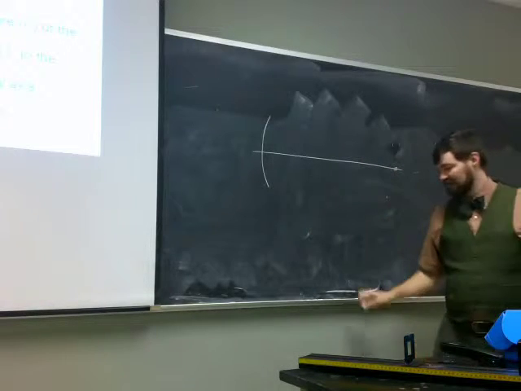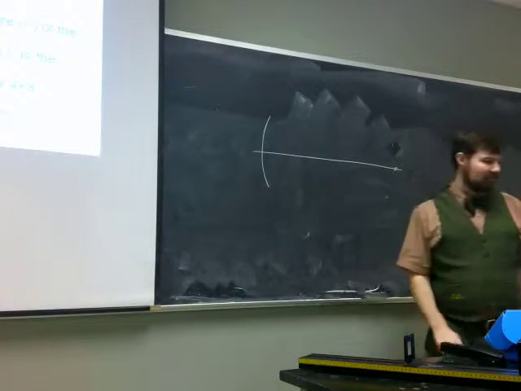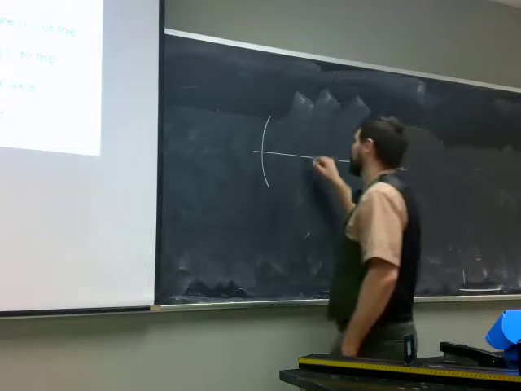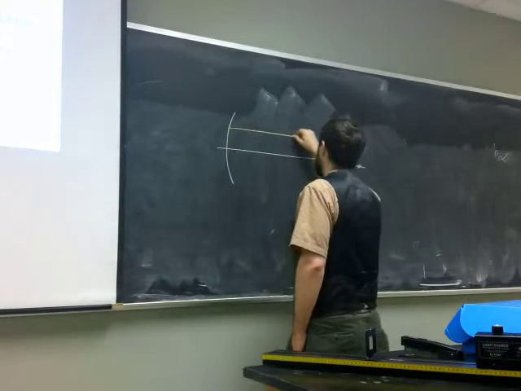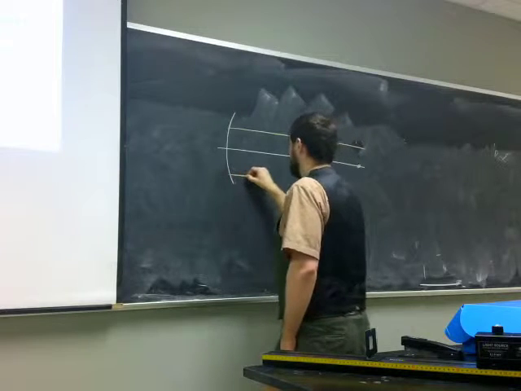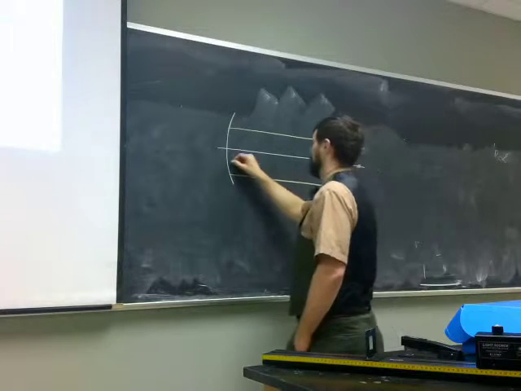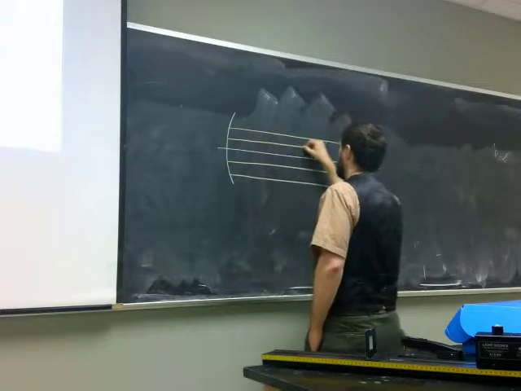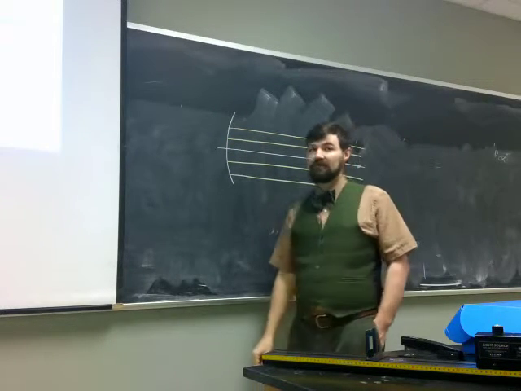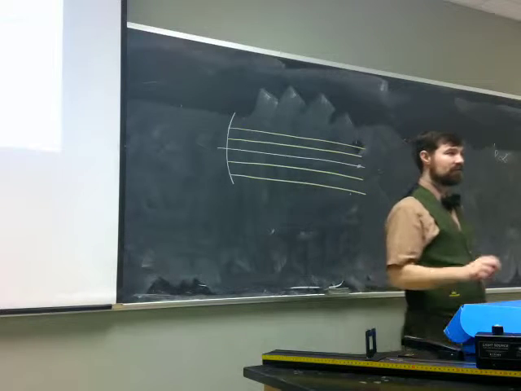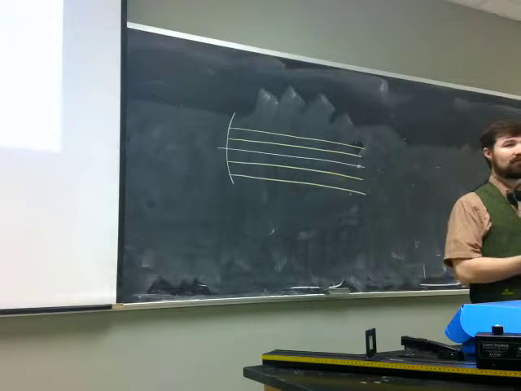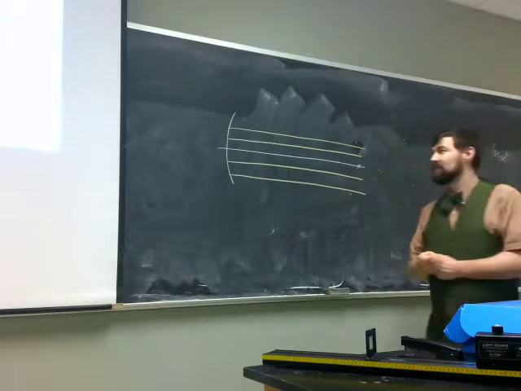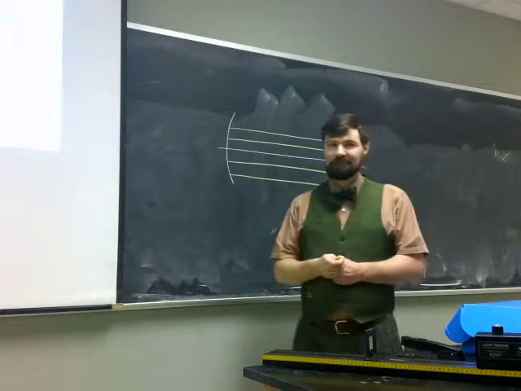And my incident rays will all be parallel to this axis. I'm not going to draw the one that goes along the principal axis for the simple reason that we already know what it's going to do. What will these other ones do, though?